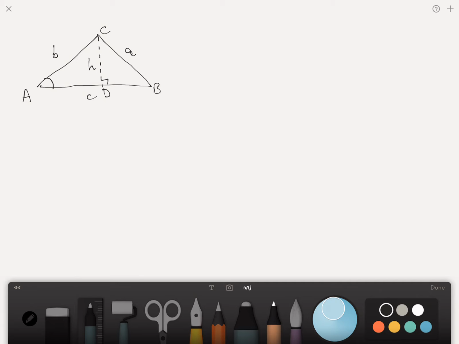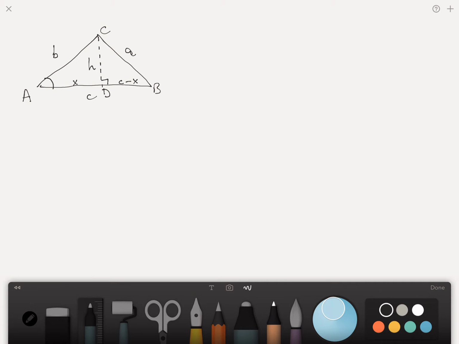And now maybe we can keep track of side c so that there's the part of side c that goes with the triangle on the left. So maybe this part is x. And on the other side, the rest of side c would be c minus x. If it's set up like that, with x and c minus x, we've got tools available for right triangle trigonometry.